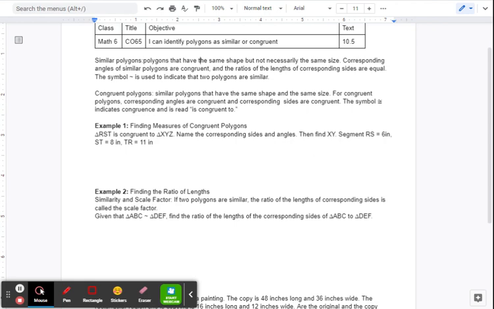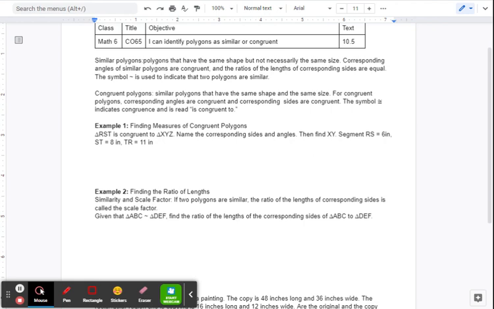If your two polygons that you're comparing are the exact same, then they are congruent. If they are the same shape, just one is expanded, then it is similar. So congruent means the two polygons are identical. Similar means that it's just taking the small one and kind of growing it out to be bigger, same shape.